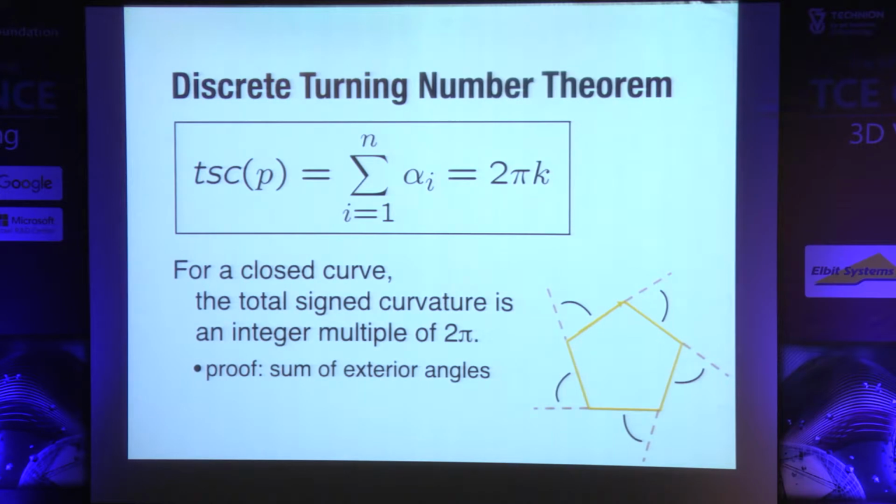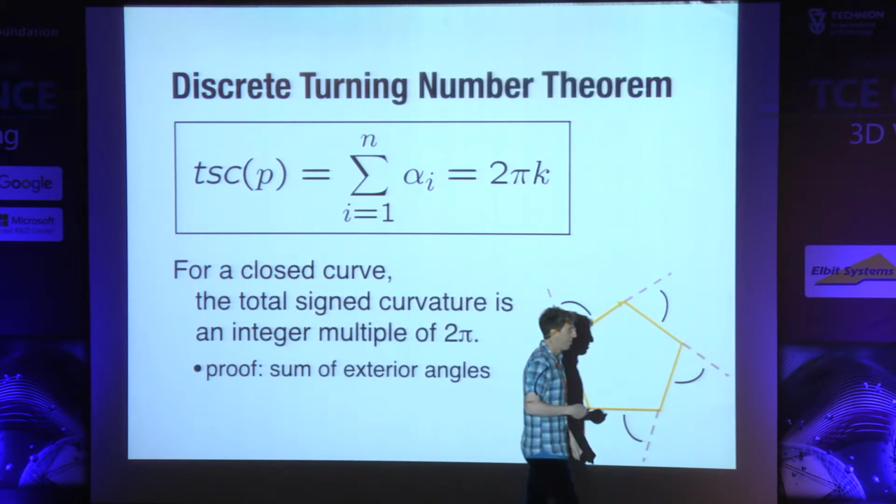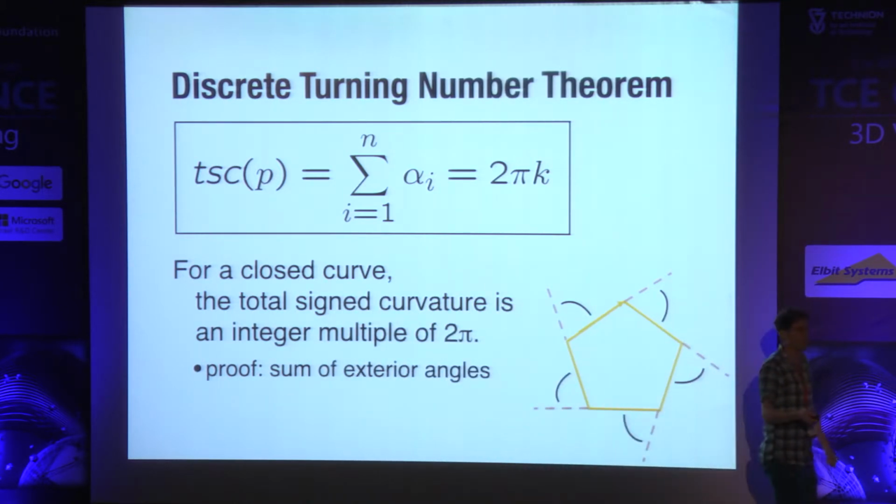So we can write down a discrete turning number theorem, which says that the sum of these turning angles for a discrete curve is an integer multiple of 2 pi, namely 2 pi times the turning number. In fact, the proof in the discrete setting is much easier than the proof in the smooth setting.